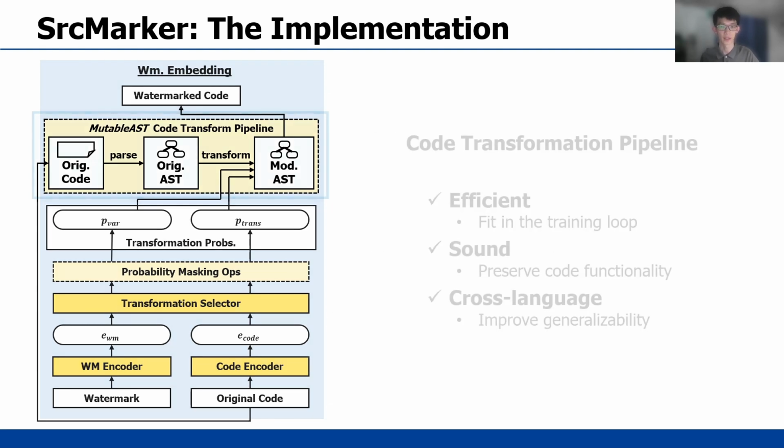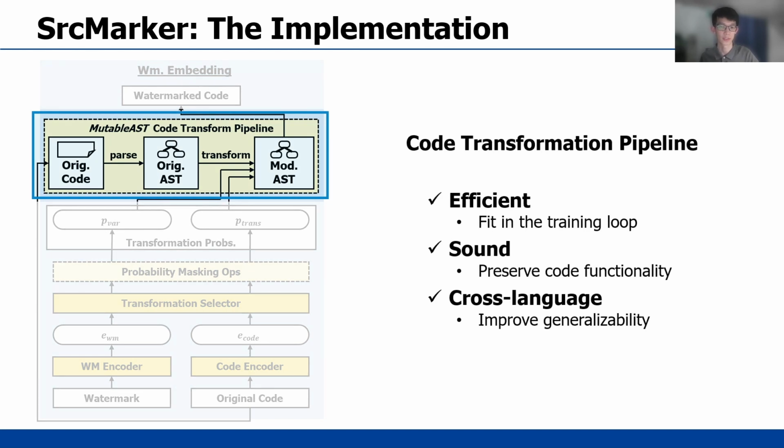And specifically, for this rule-based code transformation pipeline, we would like it to be efficient, sound, and work on multiple languages. Unfortunately, existing tools either have some slight implementation issues that harm their efficiency or soundness, or they target specific languages, which limits their usage.